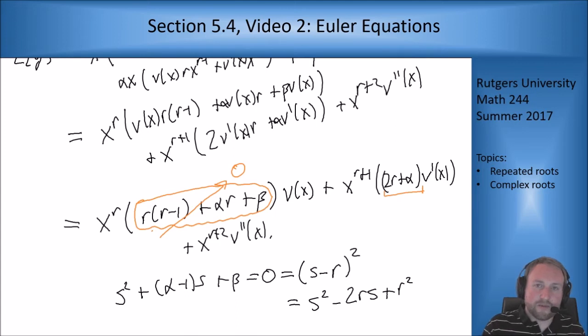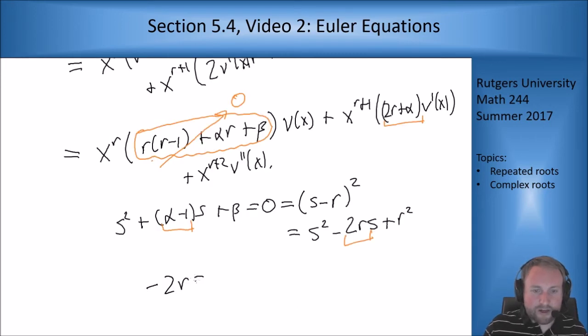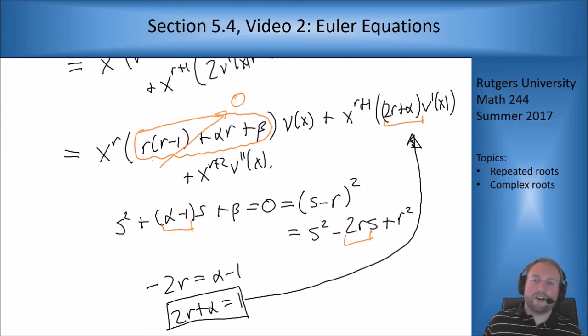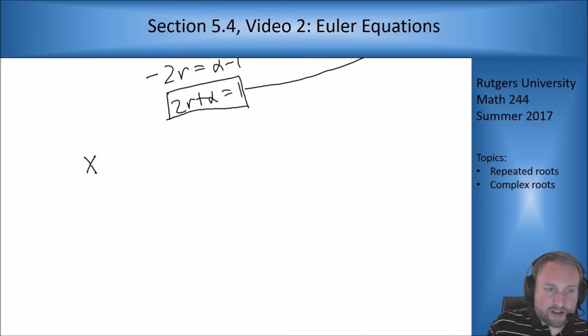So if we match up coefficients here, this tells me that minus 2r equals alpha minus 1, or 2r plus alpha equals 1, which now I can plug into that.